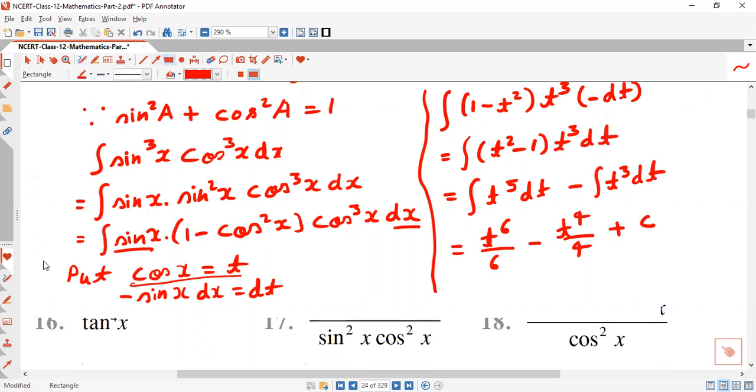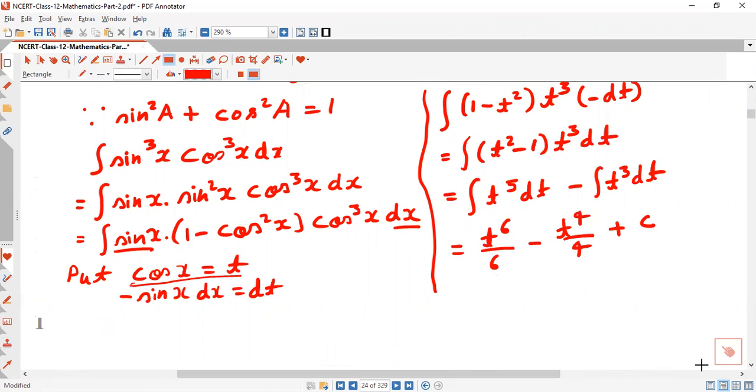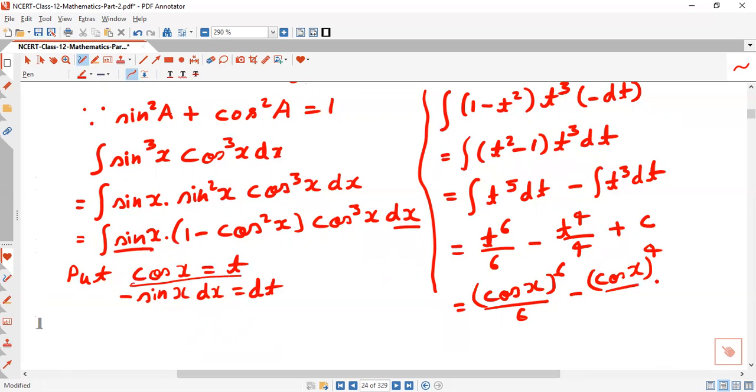The answer comes out: cos x to the power 6 upon 6 minus cos x to the power 4 upon 4 plus some constant c. So this is the answer of this question.